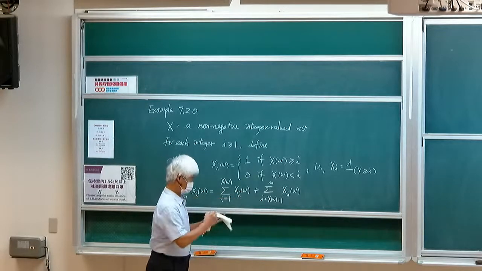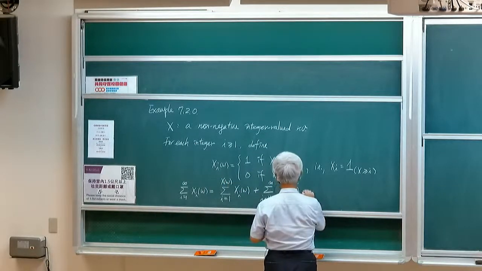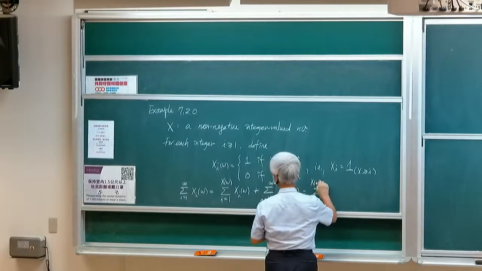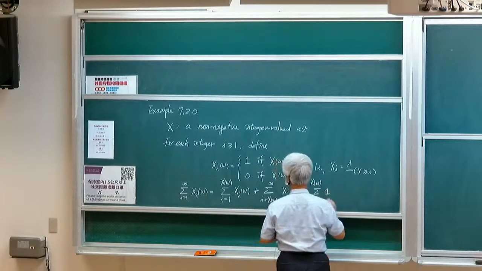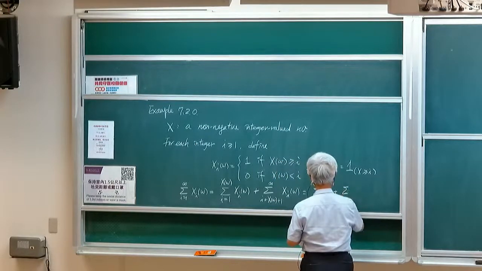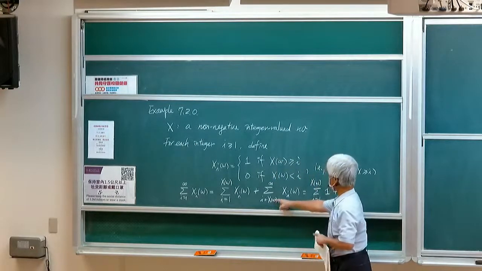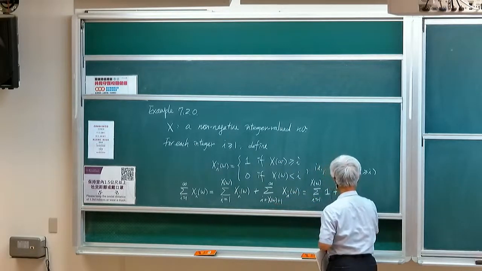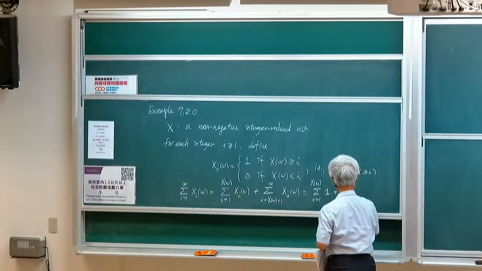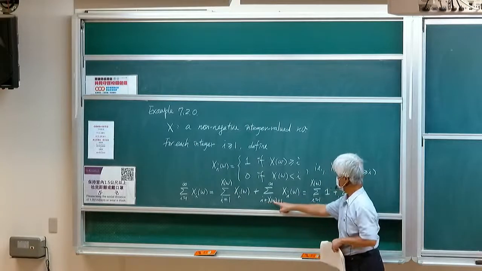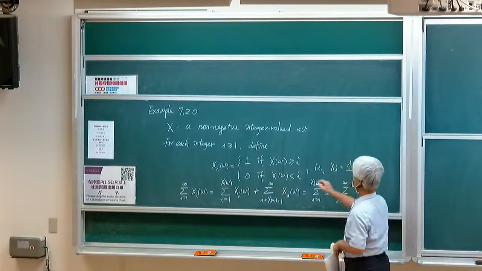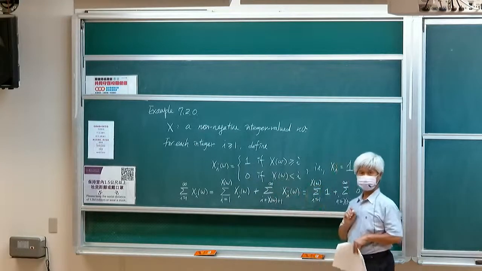So that is equal to the summation i from 1 to X of omega of 1, plus the summation over i greater than X of omega, where the value is 0 by definition.